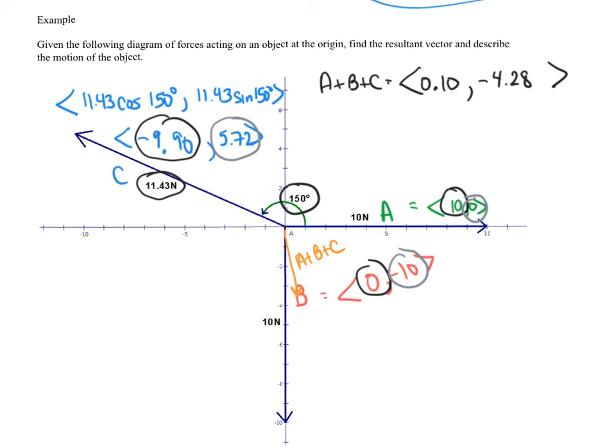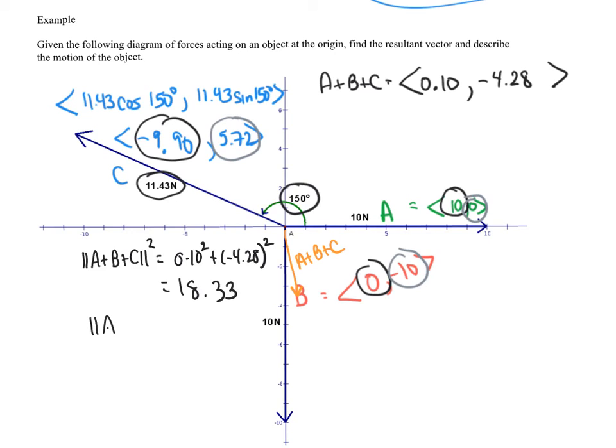So we can also figure out the magnitude of this. So the magnitude of vector A plus B plus C, that squared is going to equal 0.1 squared plus negative 4.28 squared. So 0.1 times 0.1 plus 4.28 times 4.28 is going to give me 18.33.